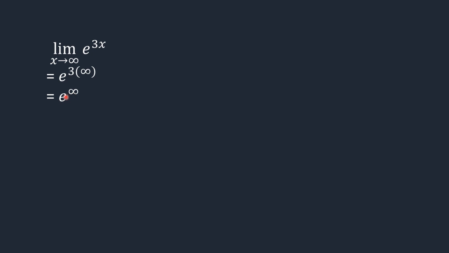Now e is a positive irrational number whose value is 2.7182, etc. And infinite power of a positive number will be infinity. This is the answer.